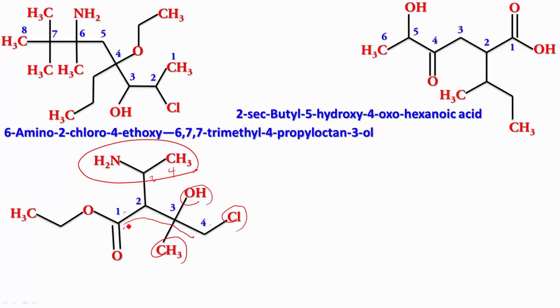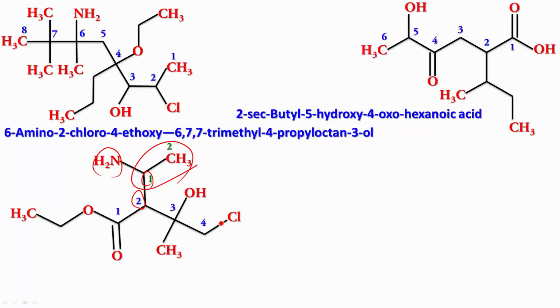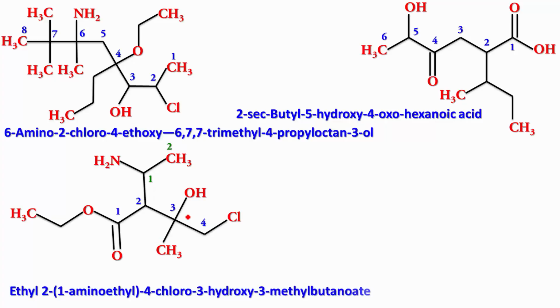If on the other hand I were to take this route, that won't get 1 and 2. So this is my parent chain. So how do I number it? It's ethyl, and here the side chain numbering. It's 1 amino ethyl sitting at position 2, 4 chloro, 3 hydroxy, 3 methyl, butanoate.